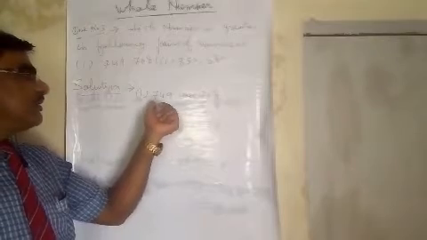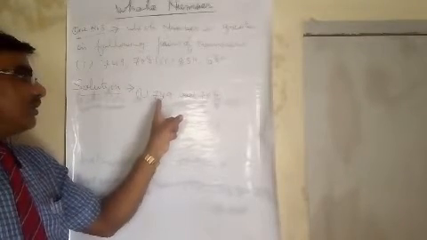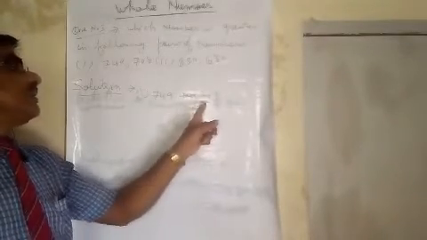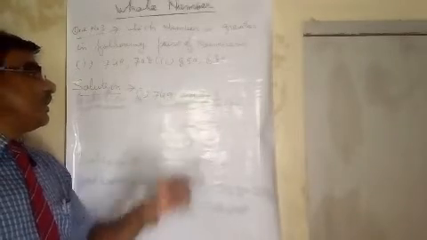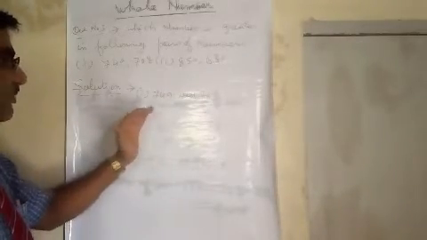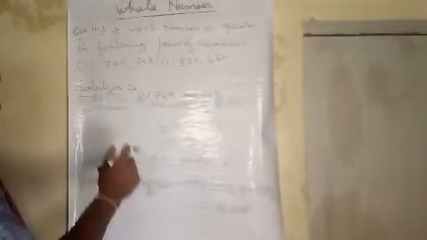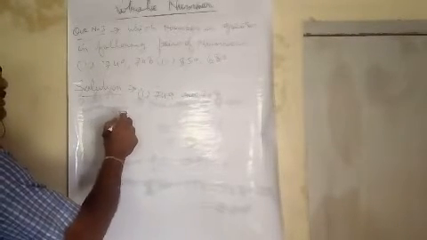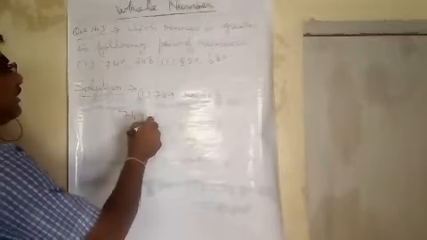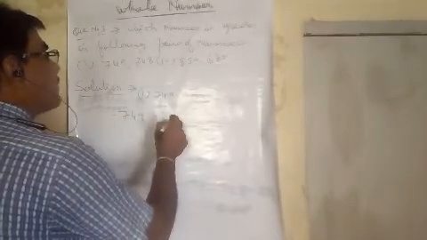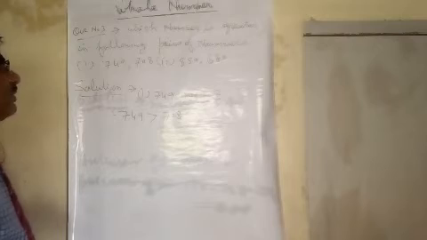In 749 the tens digit is 4, but in 708 the tens digit is 0. Therefore, by tens digit, 749 is greater than 708.